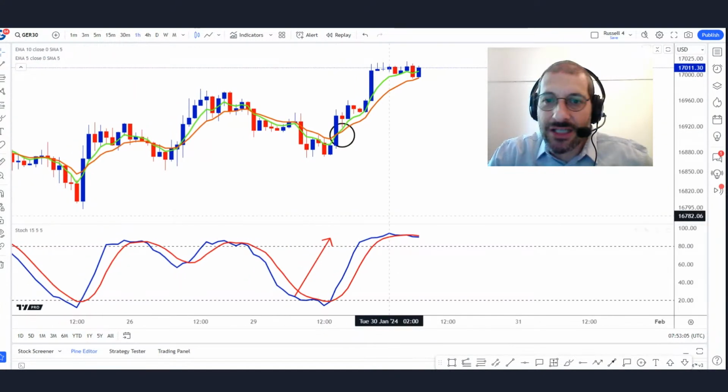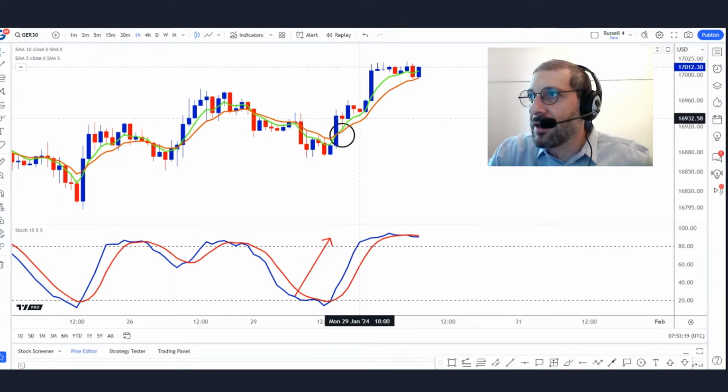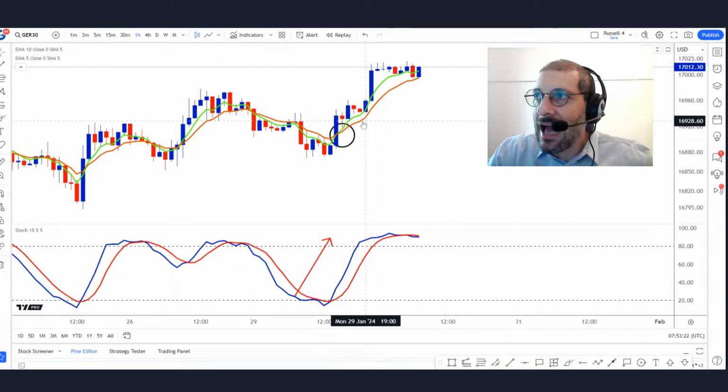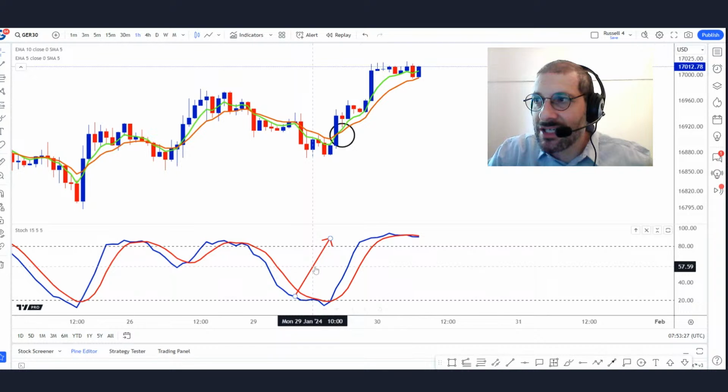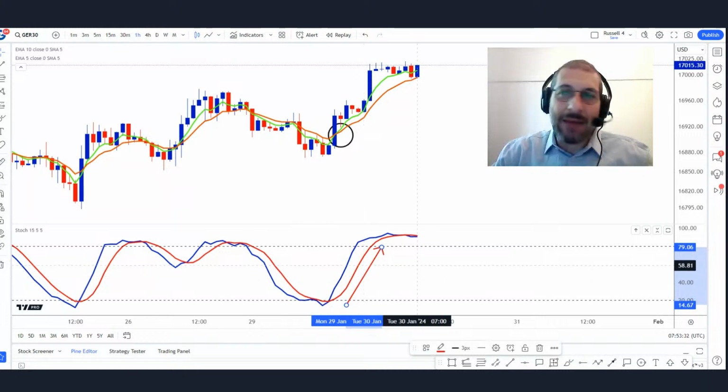You should be able to see it. Now, the signal was actually given yesterday. It's got the green 5-hour exponential moving average above the orange 10-hour exponential moving average, and we've got the stochastic that has popped upwards.